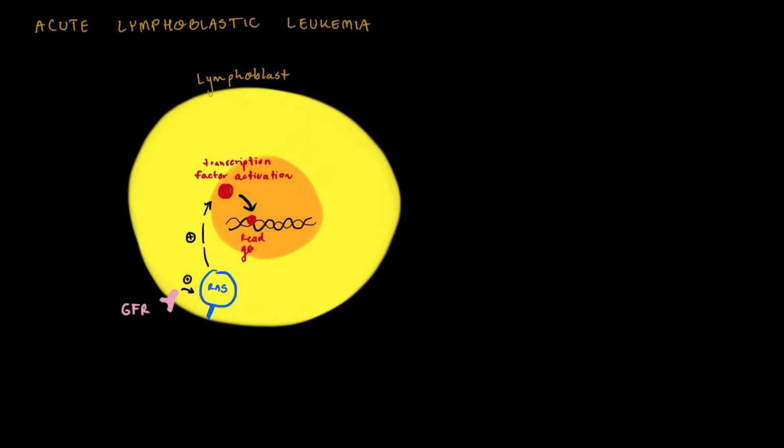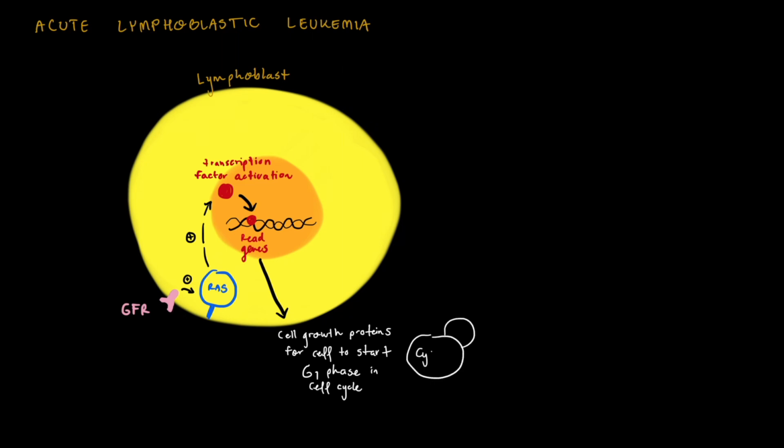And they read it and they can form proteins by doing this, thereby initiating the release of proteins that can induce the cell into the G1 phase in the cell cycle. These proteins are cyclins and CDKs.